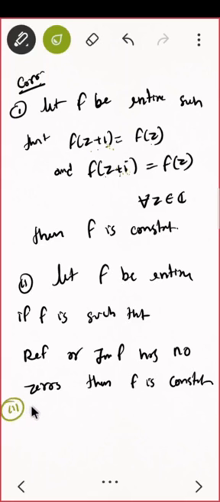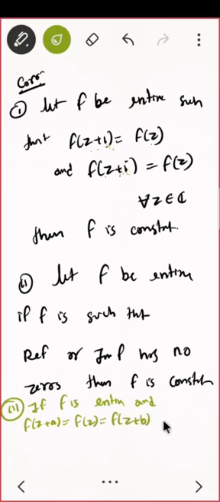Say f is entire and f of z plus e is the same as f of z, and that is the same as f of z plus b, for all z belongs to C, where e and b must be non-zero complex numbers, e and b must be in C minus 0.